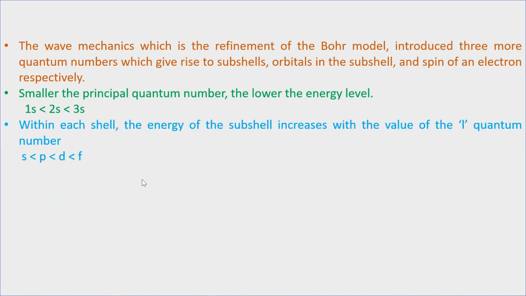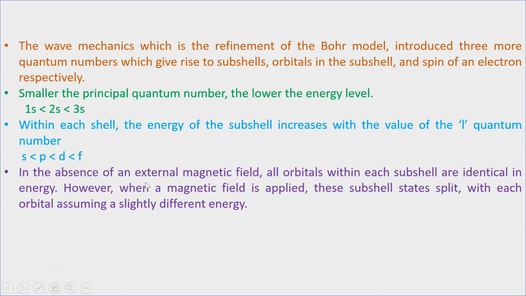And within each shell, we know that there are different numbers of subshells. So how would the energy be between these subshells? Here S has the least energy, then P, then D, and then F.